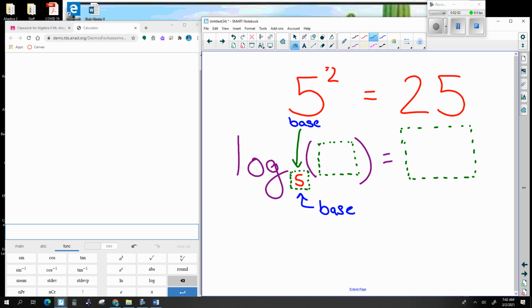Then what goes in the other places? We still have this 2 and this 25 unaccounted for. They switch sides. So this 25 goes in here, and this would be 2. So log base 5 of 25 is equal to 2 is the same thing as saying 5 to the second power is equal to 25.